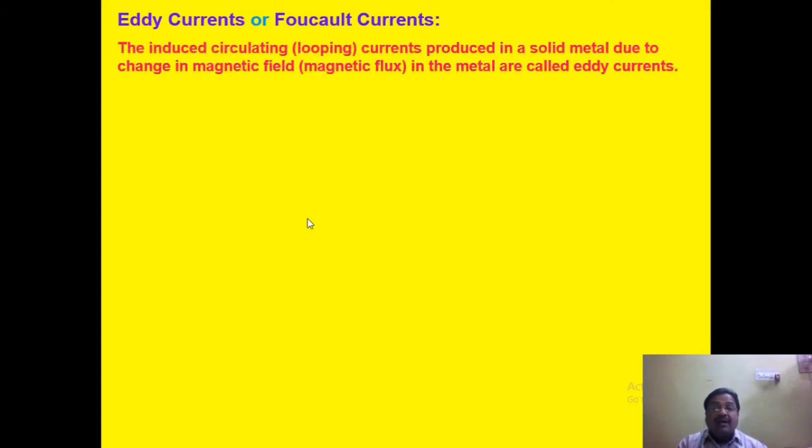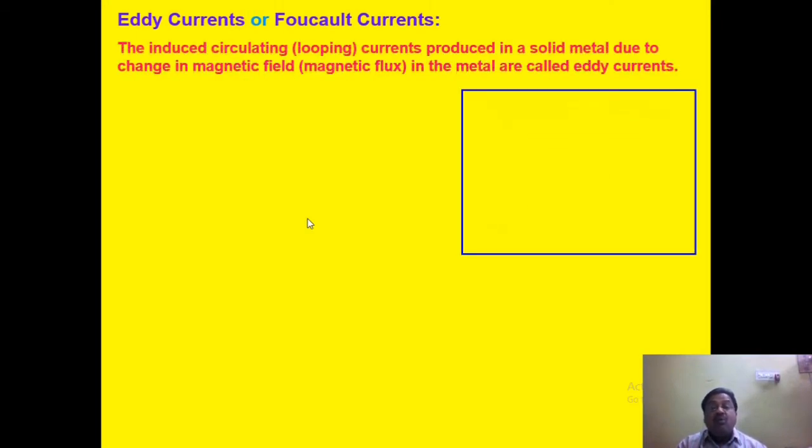Now, what is eddy current or Foucault current? The induced circulating currents produced in a solid metal due to change in magnetic field or magnetic flux in the metal are called eddy current.